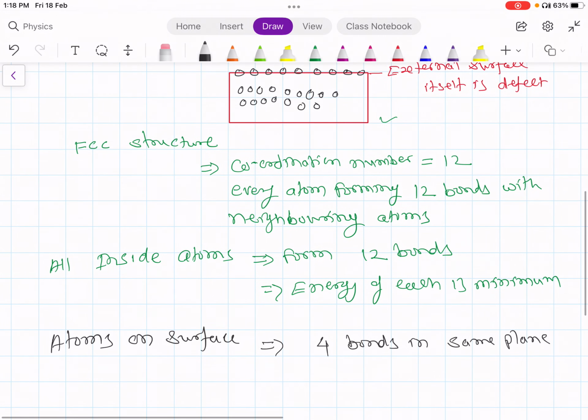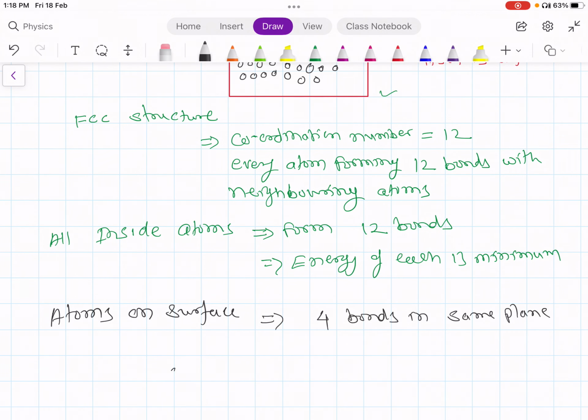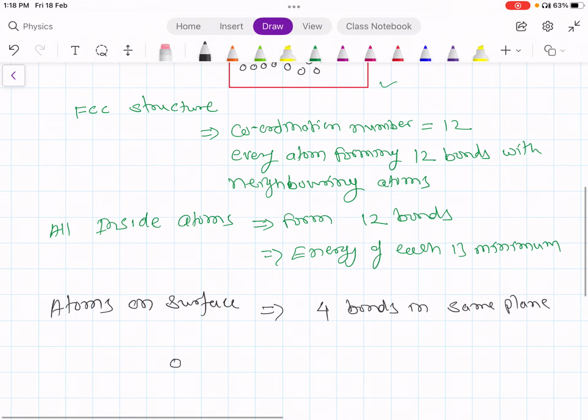As you know that the coordination number of FCC is 12. Out of 12, 4 atoms are in the same plane, 4 atoms are in the below plane, and 4 atoms are in the upper plane. If you consider this atom, then the coordination number is 4 in the same plane. That means they will form 4 bonds in the same plane.